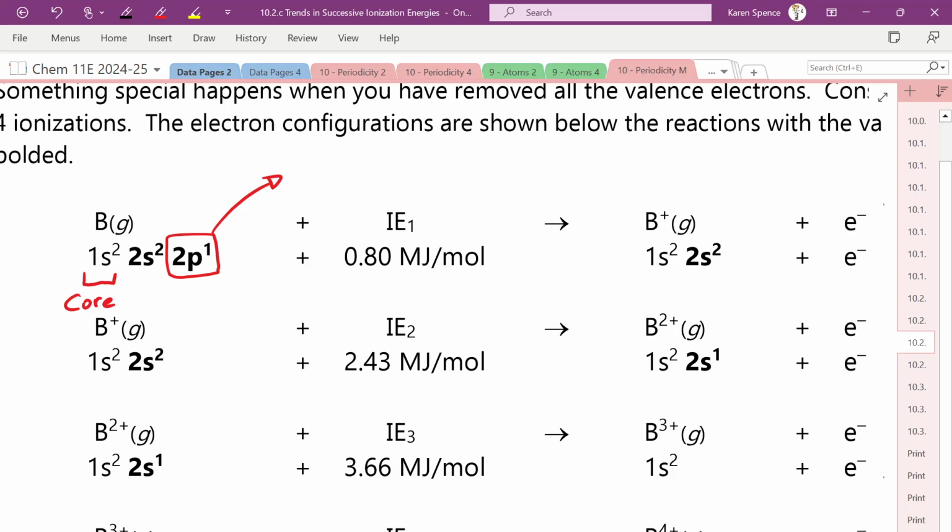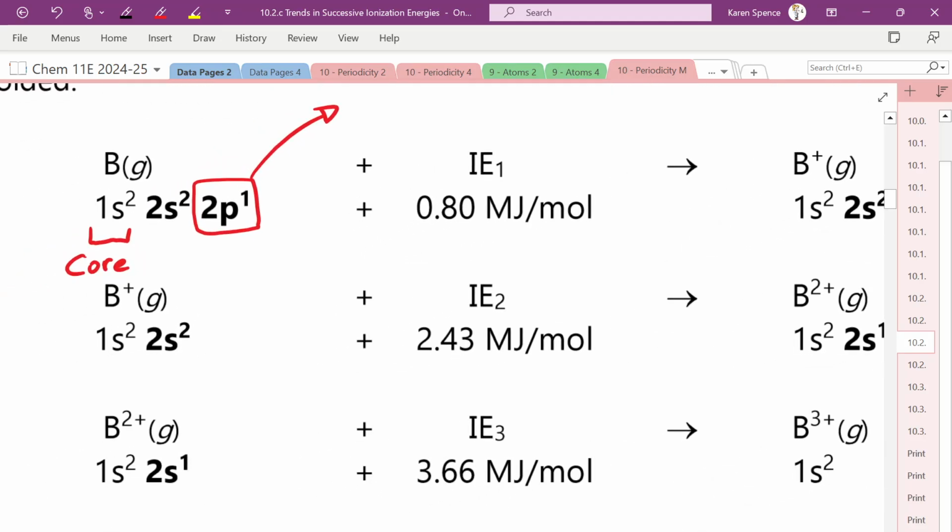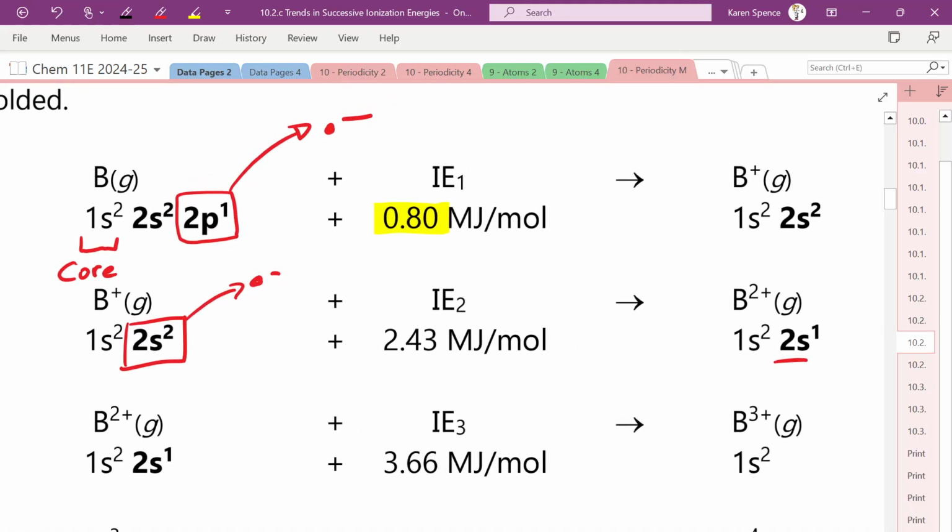And that requires 0.80 megajoules to do that. When we have B+, we're going to be removing one of the 2s electrons. So we're going to be left with 2s1. And that required more energy.